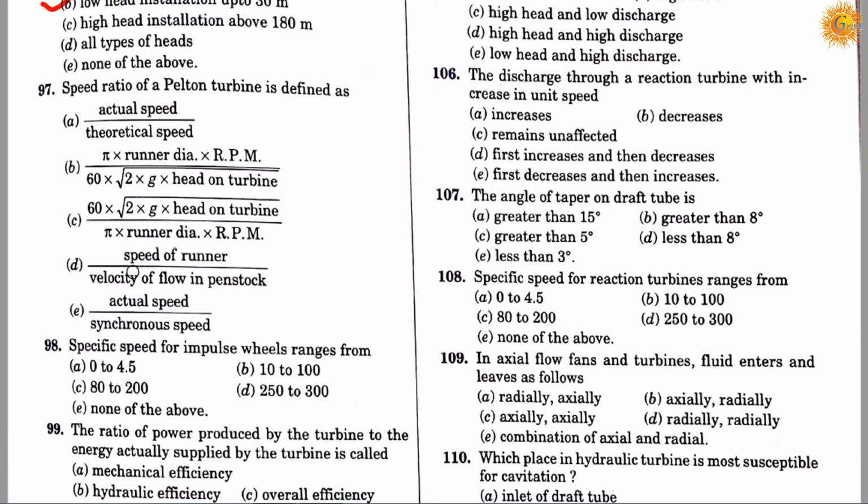Okay, so correct answer is B. Speed ratio of a Pelton turbine is defined as pi into runner diameter into RPM divided by 60 into under root of 2g head on turbine.